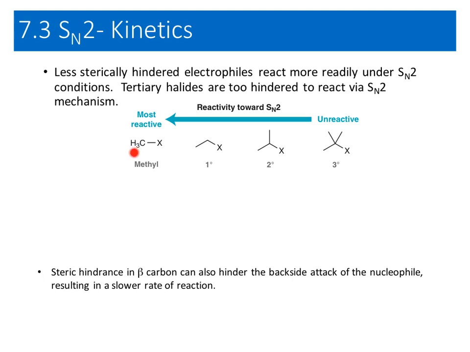The moment that you replace one of these hydrogens with an alkyl group, or basically you are adding an alkyl group to the alpha carbon, the rate of the reaction decreases drastically, in a way that the tertiary alkyl halide is too hindered to react via the SN2 mechanism. So why is that?